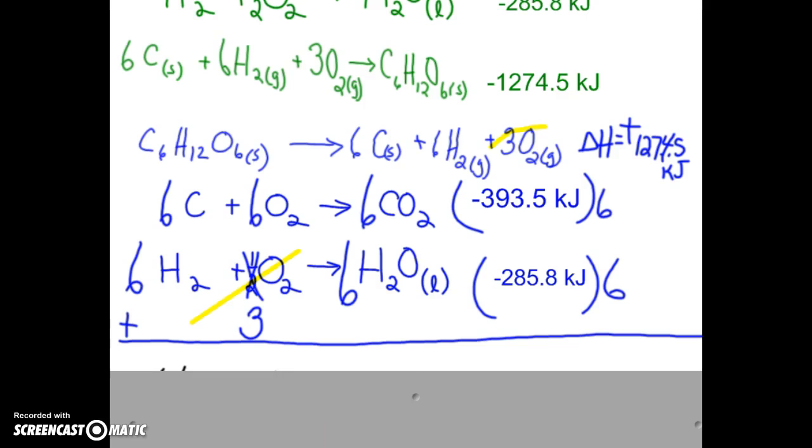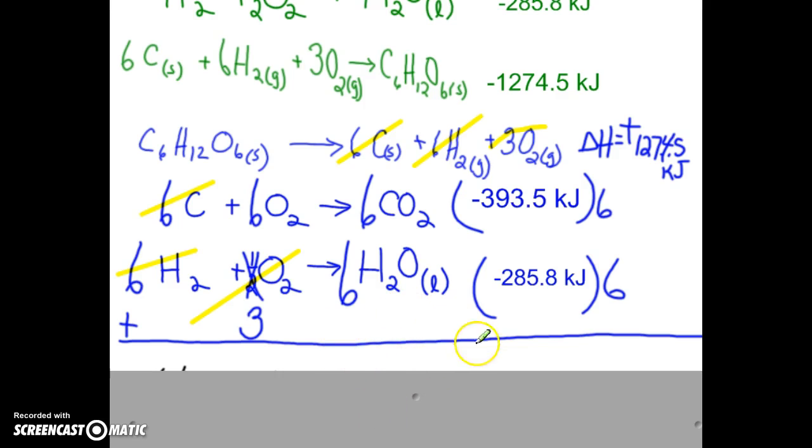So I'm going to cancel them out. And you'll notice there's 6 carbons on the reactant side in the second equation, and there's 6 carbons on the product side in the first equation. Likewise, I see 6 hydrogens and 6 hydrogens canceling out.